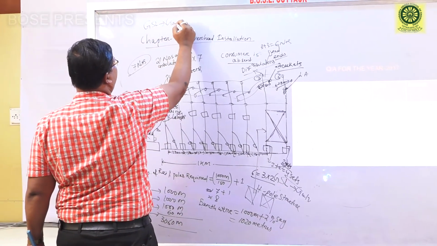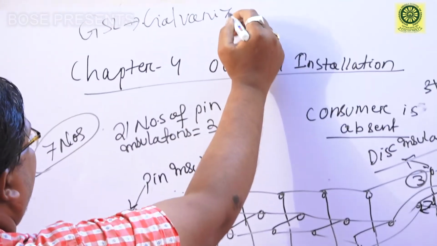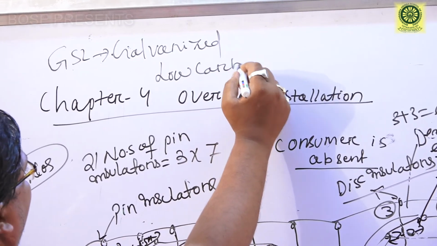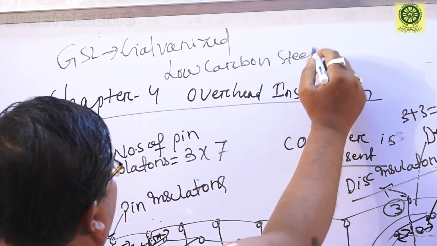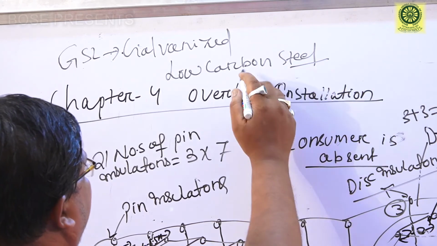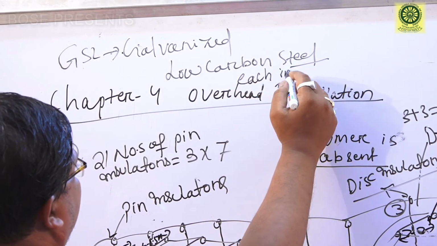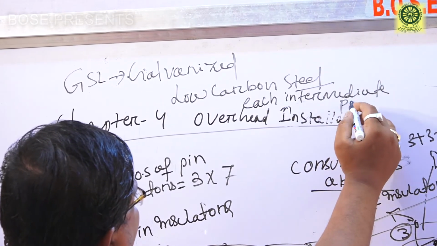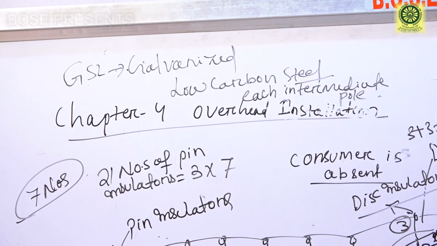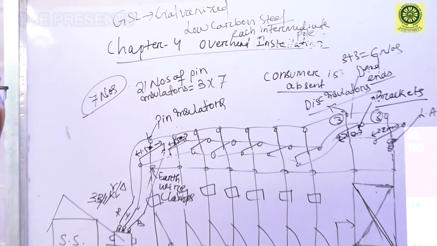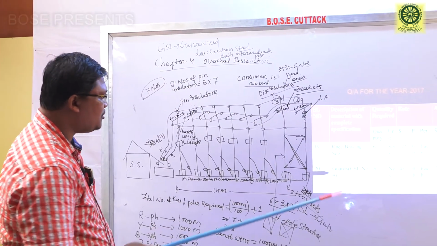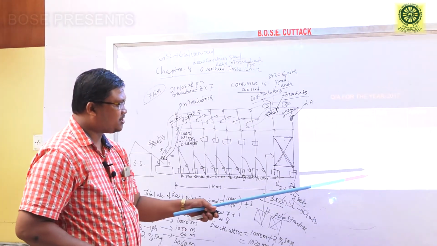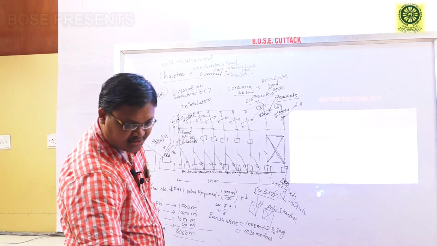It is required for each intermediate pole. For each intermediate pole, we are using this to avoid the rusting of the pole. So 6 numbers is required for each intermediate pole. It costs 45 each, so total is 270.